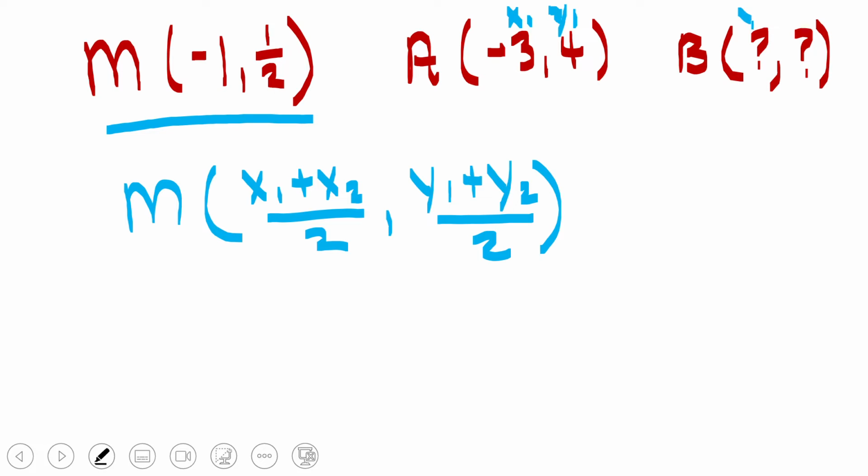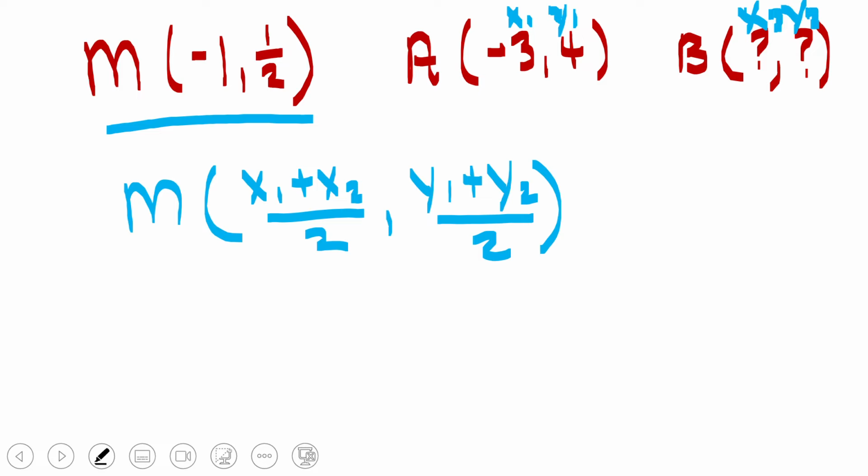What we don't have is x2, y2. So we have two of the three pieces of information in the formula that we need to substitute in. We're going to substitute first what we have.